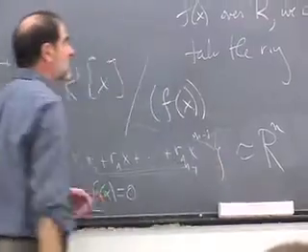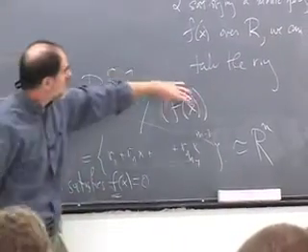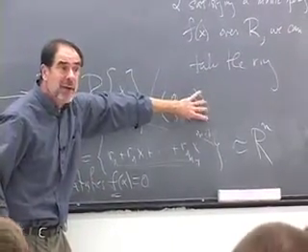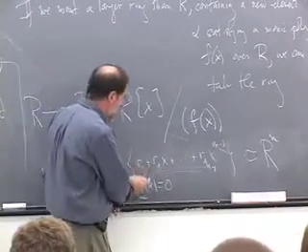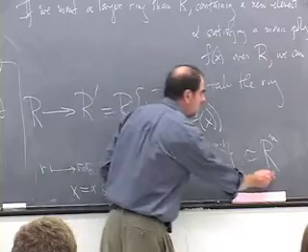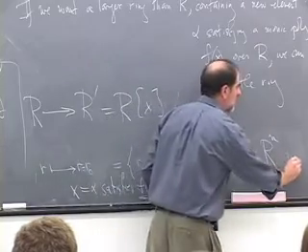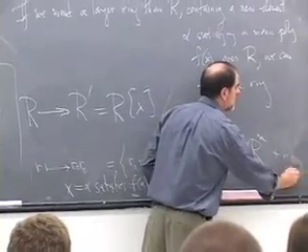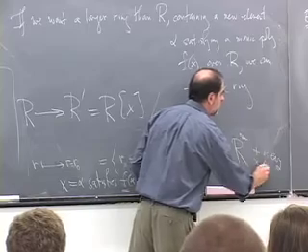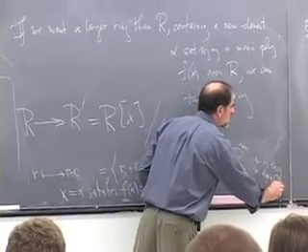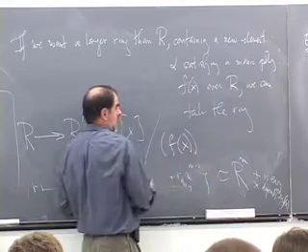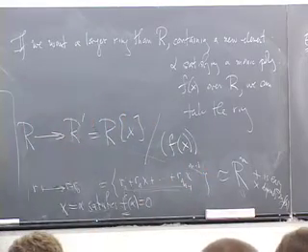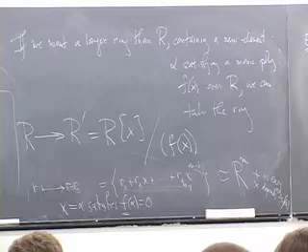You get polynomials of degree bigger than n, and then you have to take the remainder after division by f of x to figure out what you get. So addition here is just addition of coordinates. That's easy, but the multiplication depends on f, because you overflow when you multiply, and then you have to take the remainder after you divide by f. So this is the adjunction of elements.